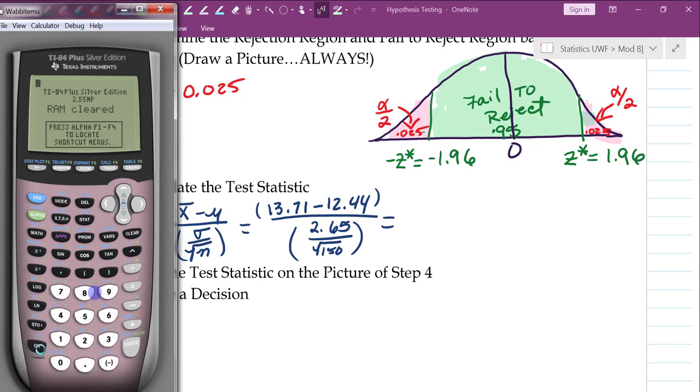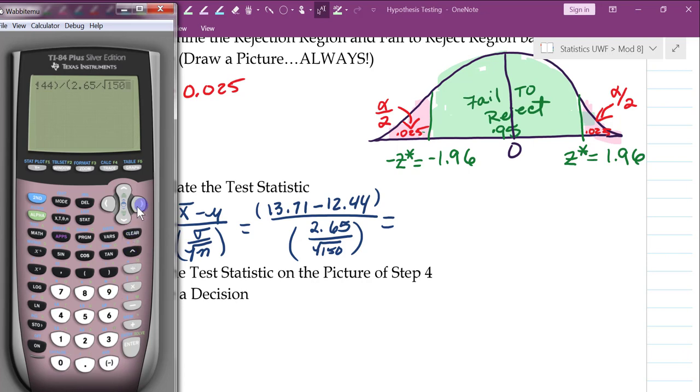And we're going to turn this on, clear it off. So open up parentheses and put 13.71 minus 12.44, parentheses, divide, open up parentheses, so we have our order of operation correctly, 2.65 divided by the square root of 150.